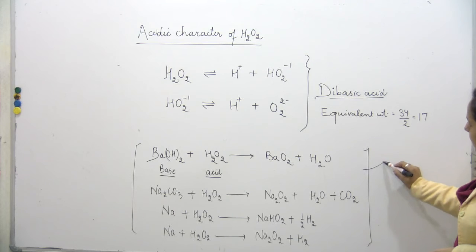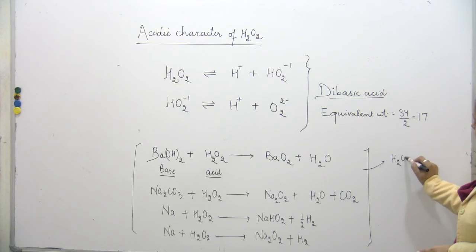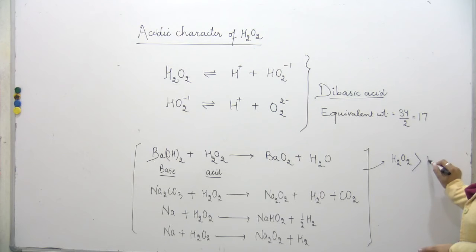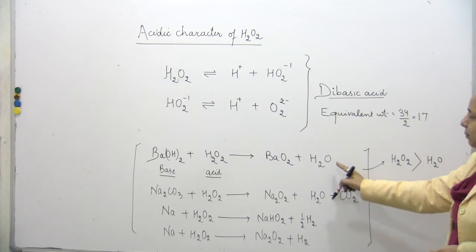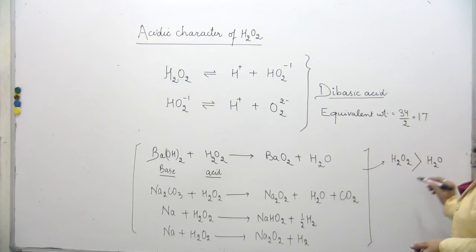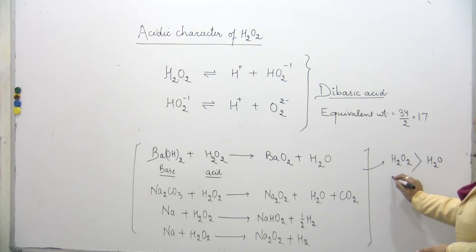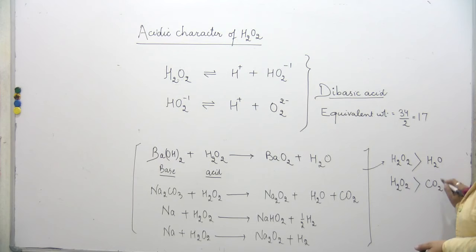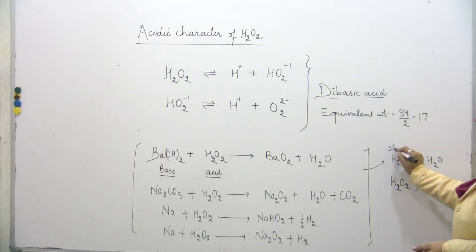From these reactions, it is clear that H2O2 is a stronger acid than water because it can produce water. And it is a stronger acid than carbon dioxide also because it can produce carbon dioxide.